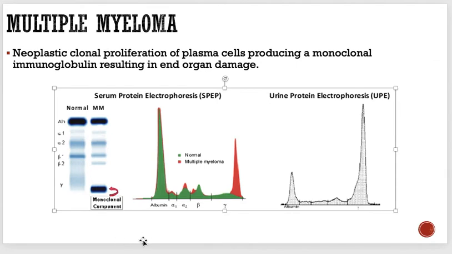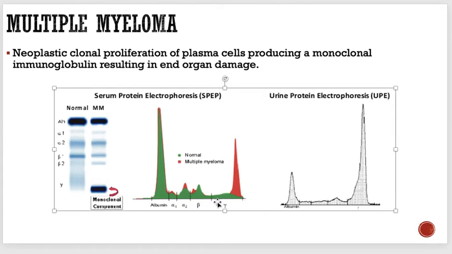And what happens, like in the gamma zone, when we interpret this, if this swelling or this peak is so broad, it means it is polyclonal, like different clones are too much proliferating.